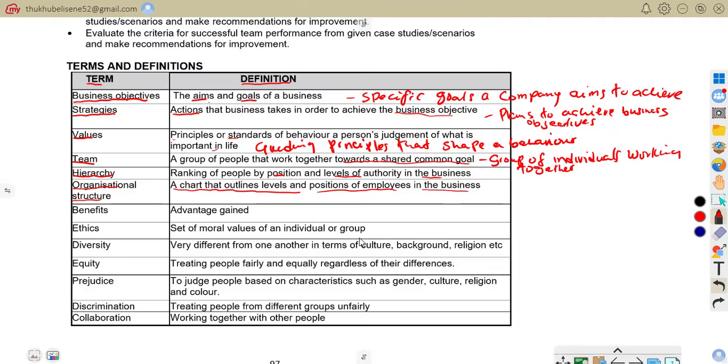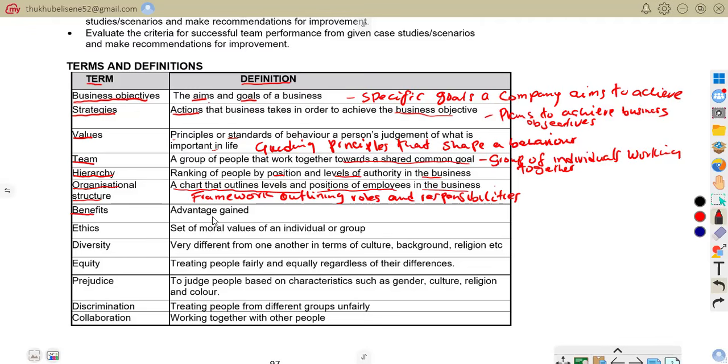Meaning we're talking about a framework outlining roles and responsibilities. So that is organizational structure.